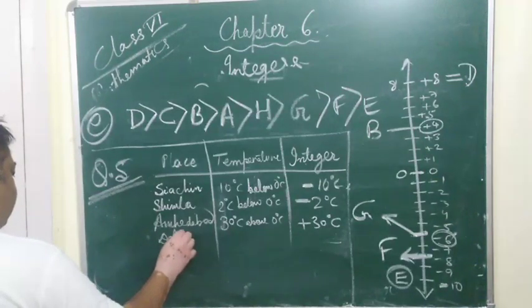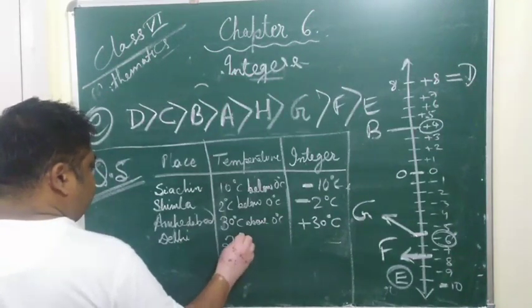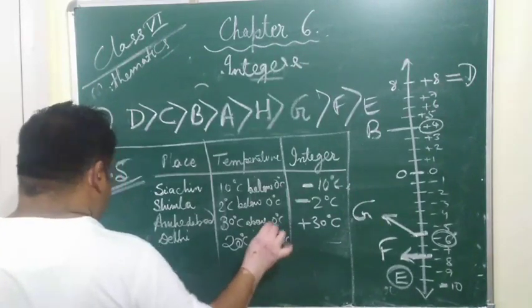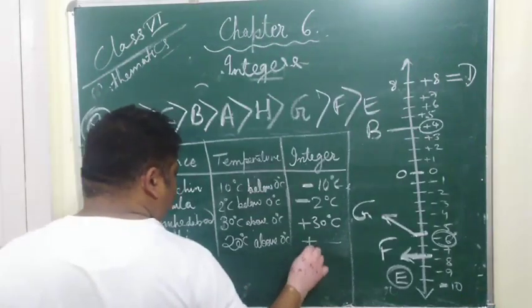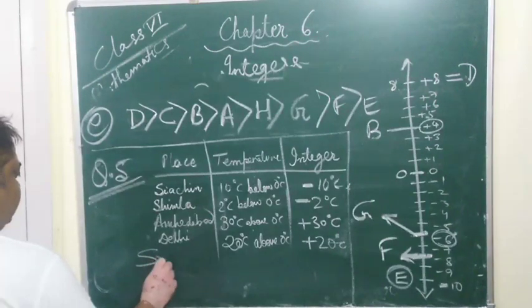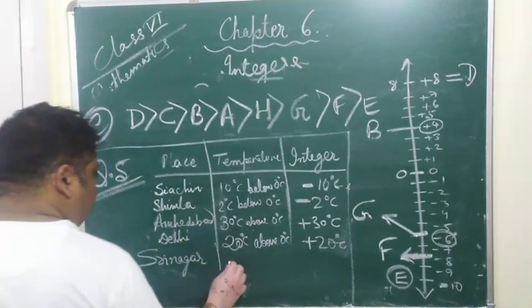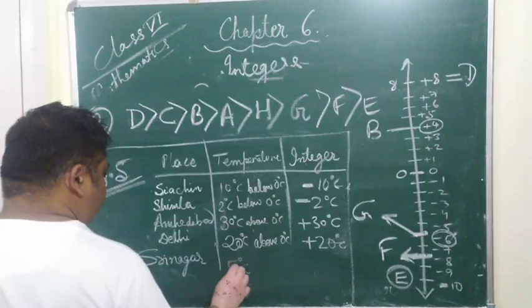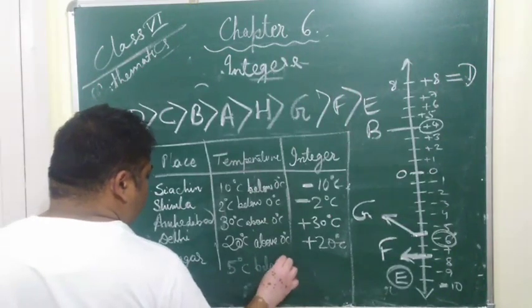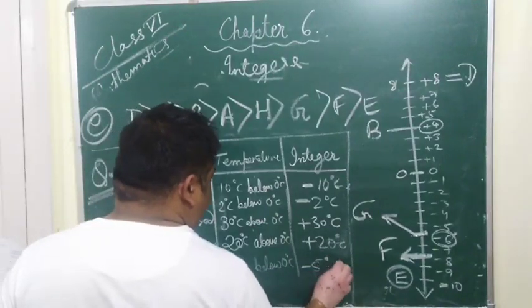Delhi. 20°C above 0°C will be +20°C. Srinagar. 5°C below 0°C is -5°C.